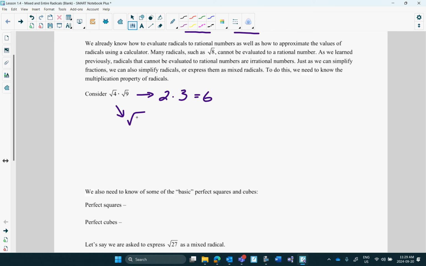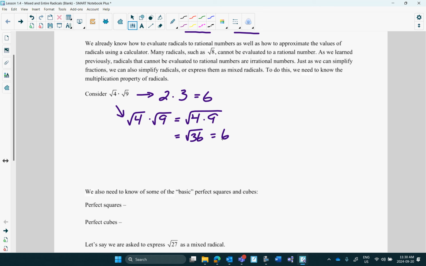The square root of 4 times the square root of 9 is the same as the square root of 4 times 9, which is square root 36, which is also 6. So there are 2 different ways you could do it, and you'll end up getting the same answer.